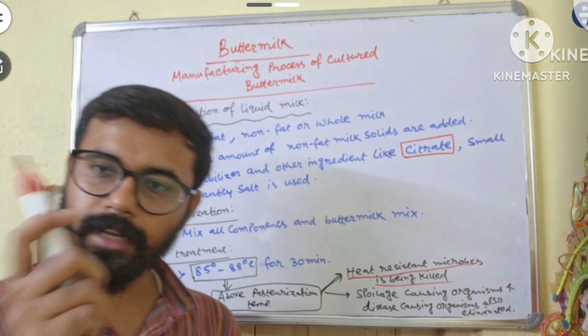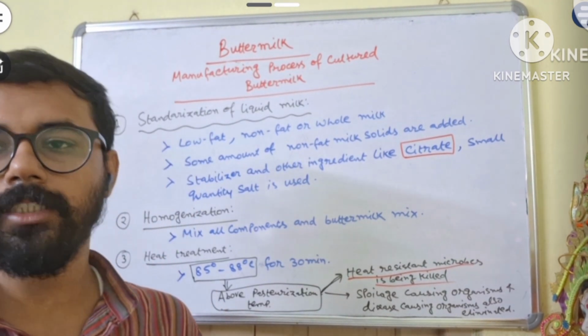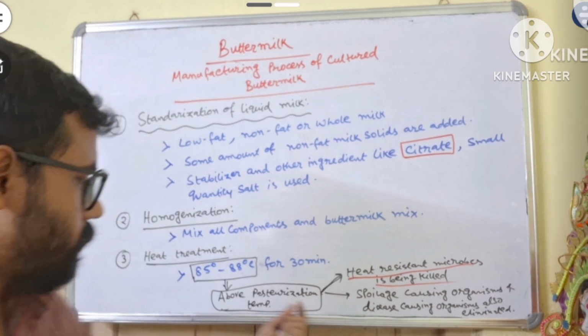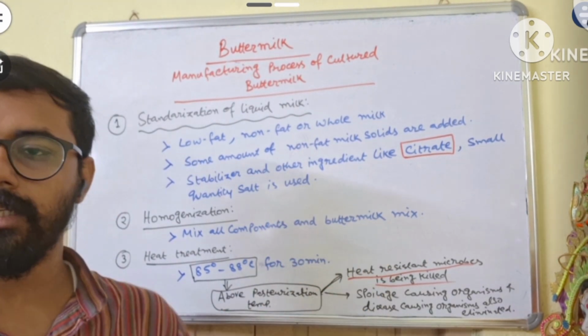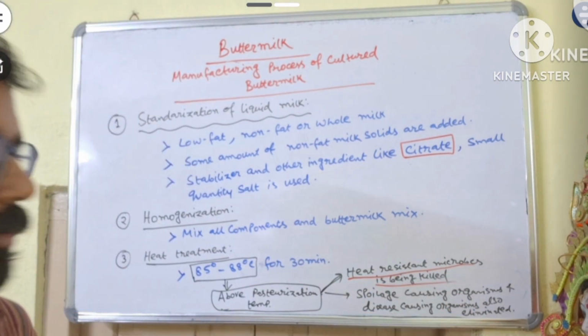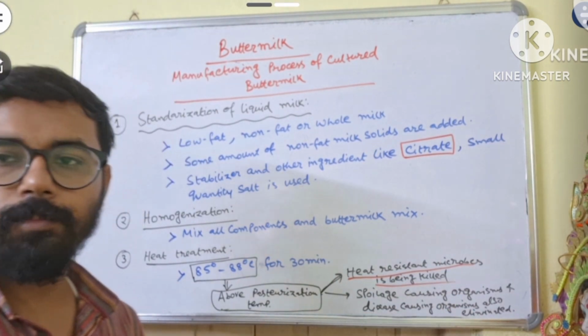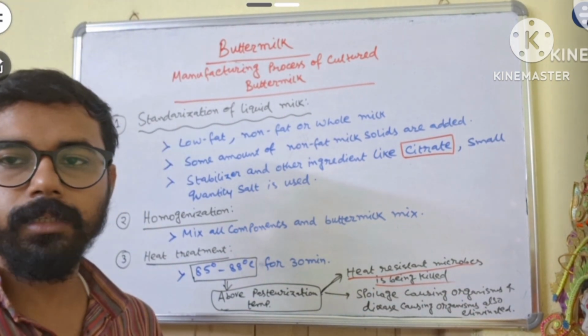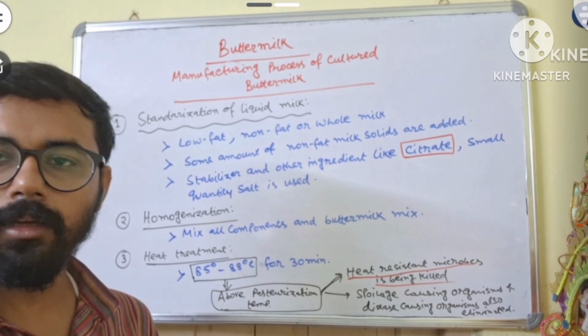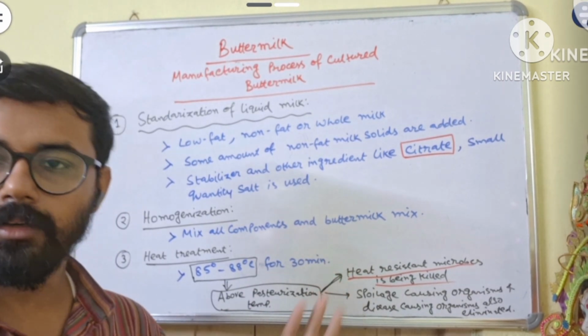We need to eliminate those microbes also during the manufacturing of yogurt, like in buttermilk. That's why we use just above the pasteurization temperature, which is sufficient to kill heat resistant microbes.